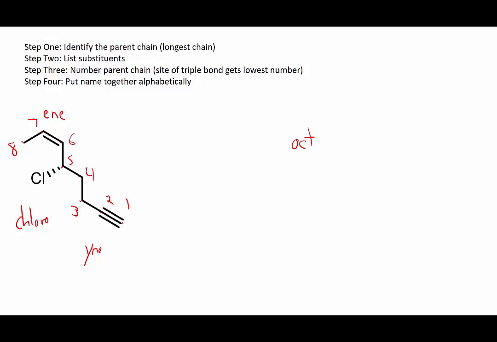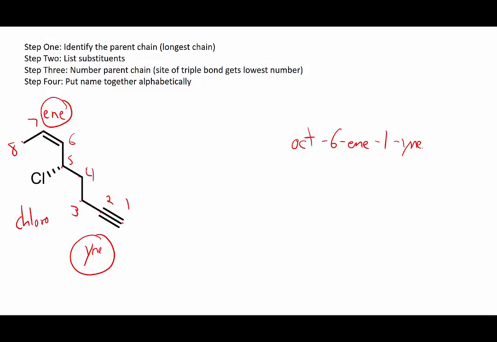Octyne is our root. So in this case, we're going to put the ene and then the yne. So we will name this oct-6-ene-1-yne, because the alkyne appears at the 1 carbon.